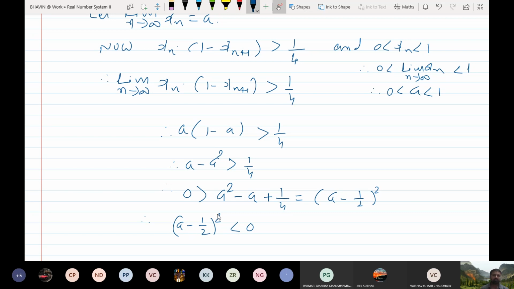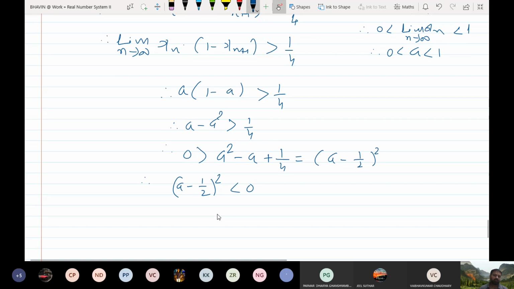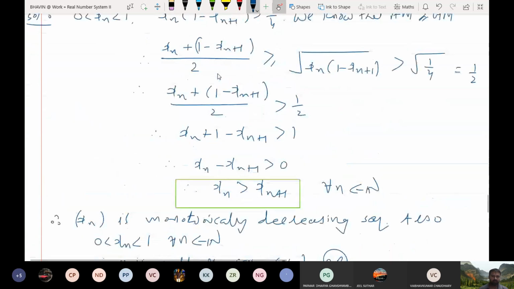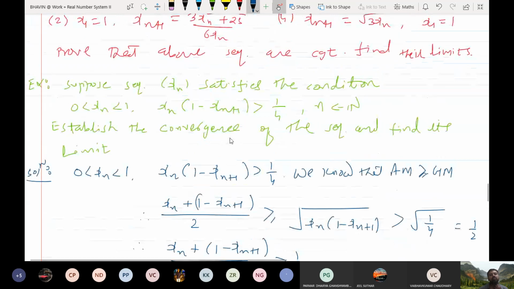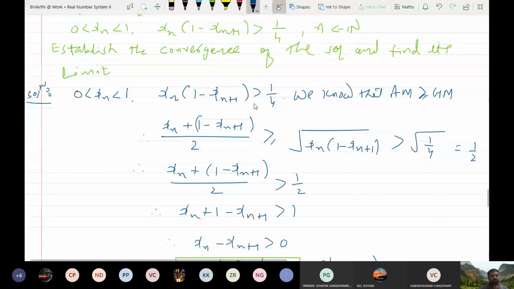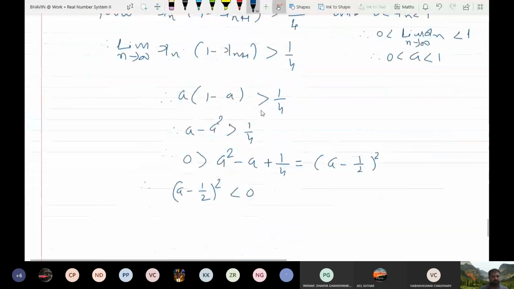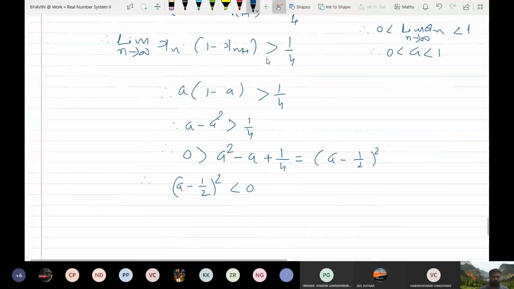I think this must be greater than or equal to, since by taking limit as n tends to infinity, equality may also hold.